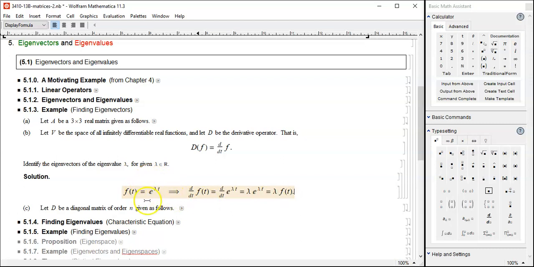So if you take the derivative, we get that. By the way, this is not the only eigenvector. If you multiply by any constant k, this will still be okay. k times that, and then k times that. So this is the original, lambda times the vector. So yes, everything is good.